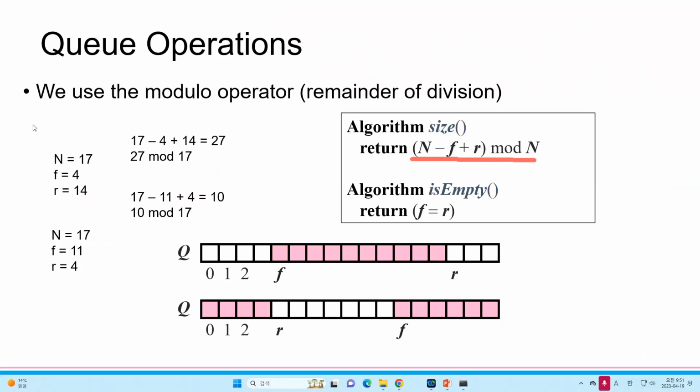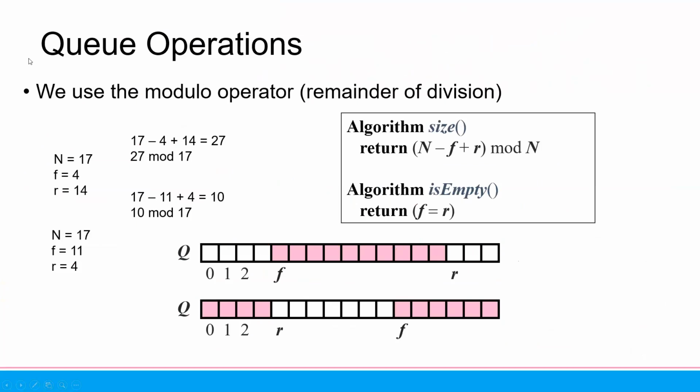So for example, I have this Q. We have 1, 2, 3, 4, 5, 6, 7, 8, 9, 10, 11, 12, 13, 14, 15, 16, 17. Okay, so there are 17. Now, I want to know how many items are available in the list.